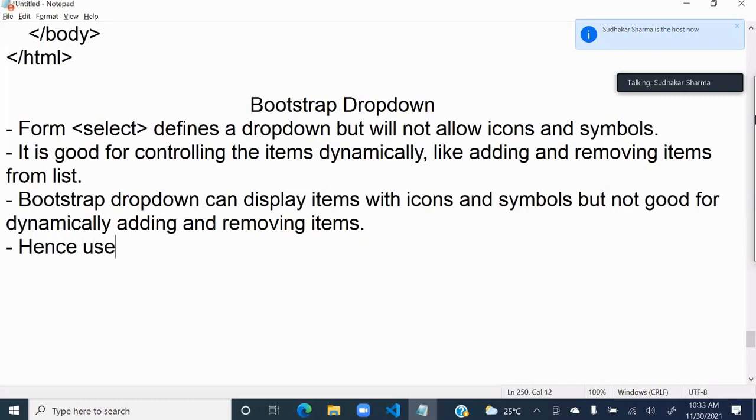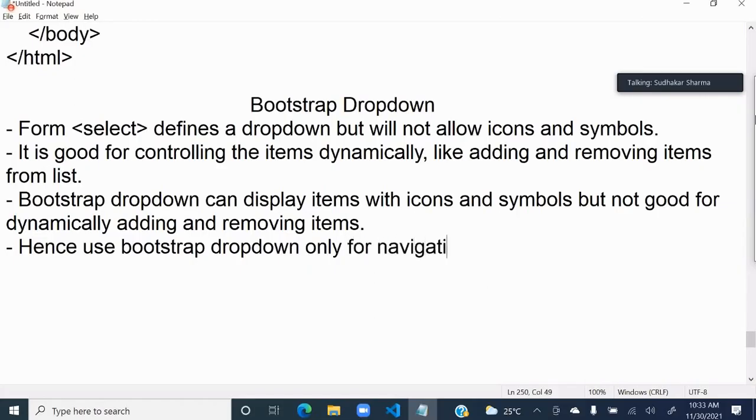Hence use bootstrap drop down only for navigation. Don't use for controlling them dynamically. Use only for navigation. So generally already we have a drop down in the form controls.